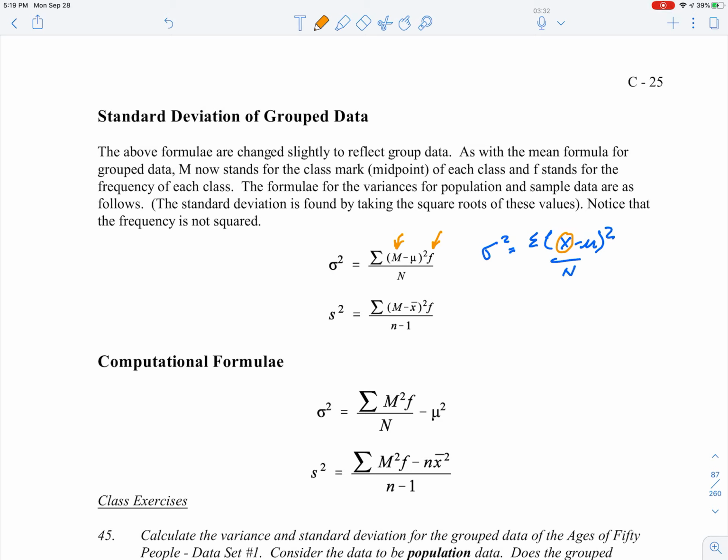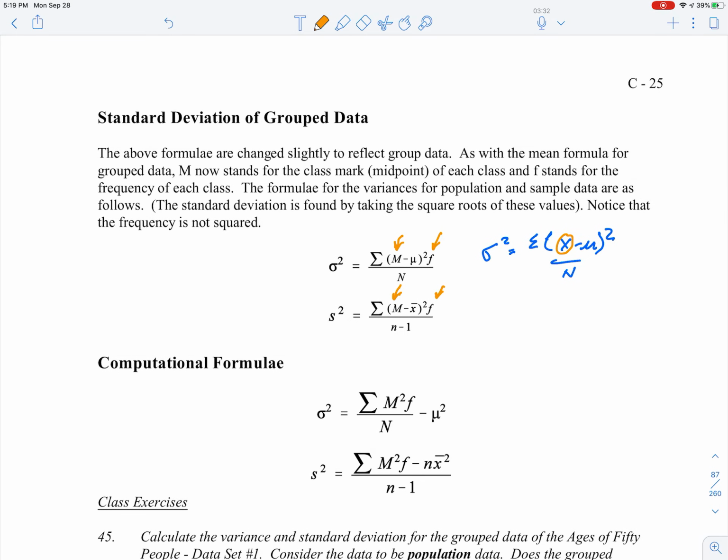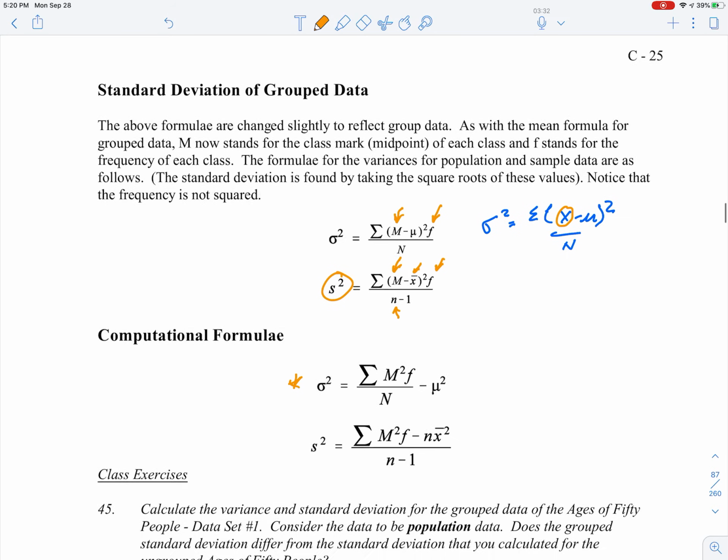And then when we're dealing with sample data, it's the same thing: instead of x's, we've got m's and f's, and of course instead of having mu's, we have x bars, and then we've got n minus 1 down here instead of big N. And so that gives us s squared. And the computational equivalents are down here. So let's work through that then.